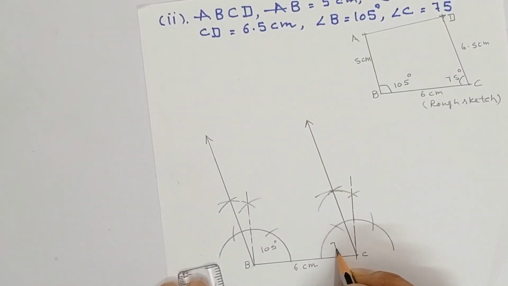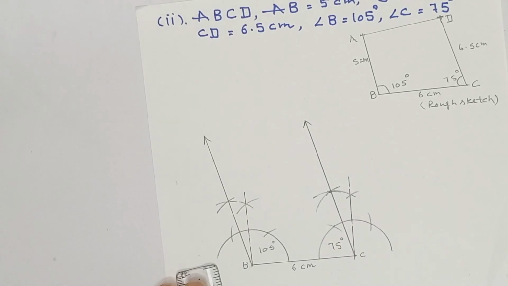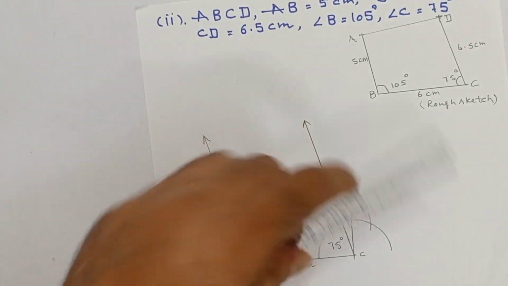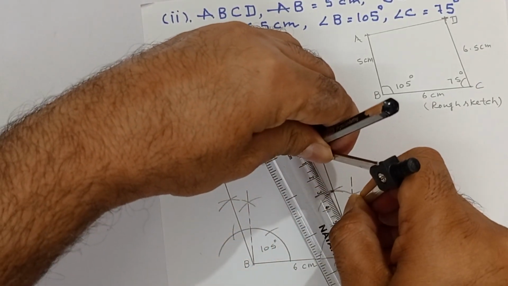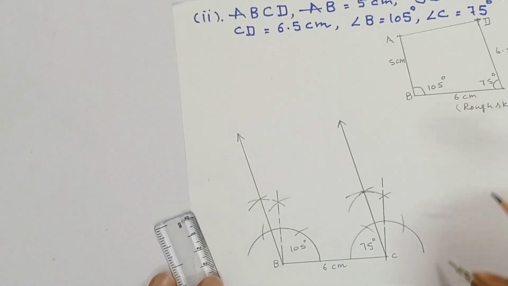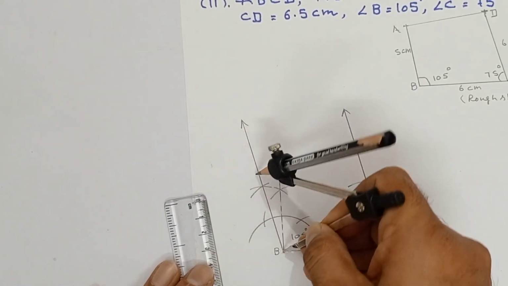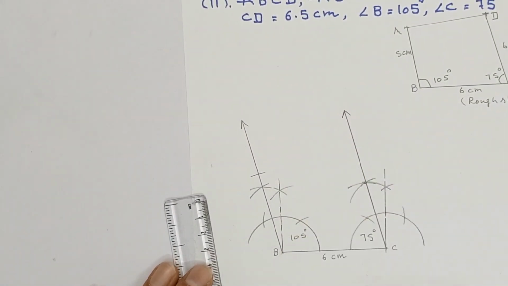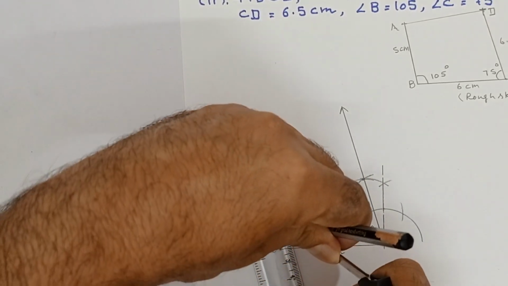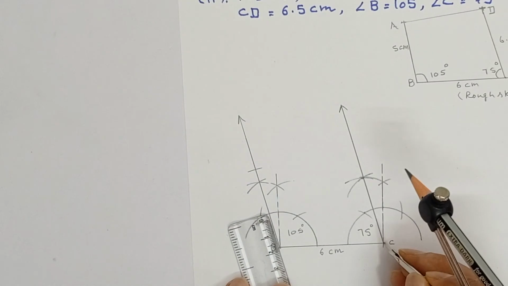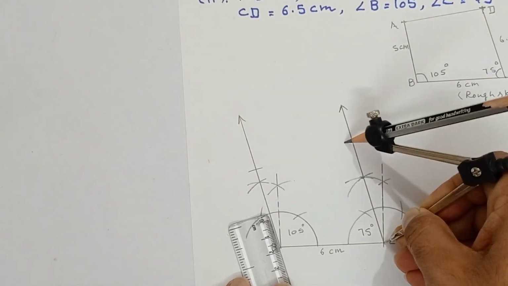This has come out to be 75 degree. AB is 5 centimeter, right? So open up the compass, 5 centimeter. Compass tip on B and cut 5 here. And then 6.5 from C you are to cut. So open up 6.5 centimeter, cut an arc.